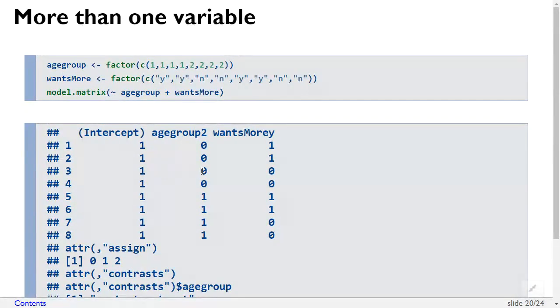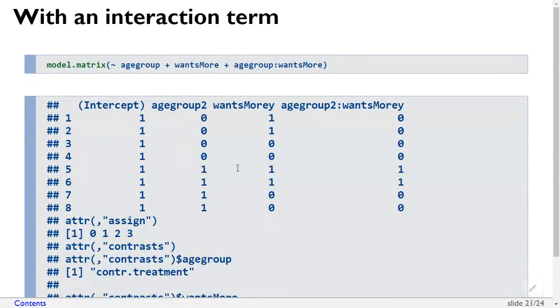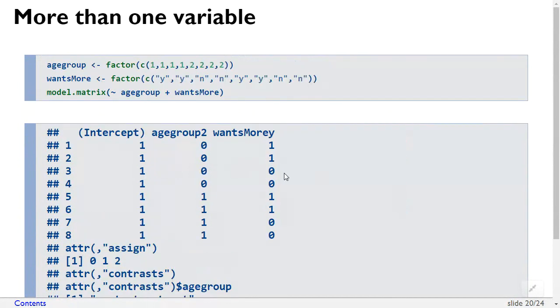So they get the intercept, but the other 2 coefficients are multiplied by 0. So these 2 are a reference group in that they're age group 1 and do not want more children.